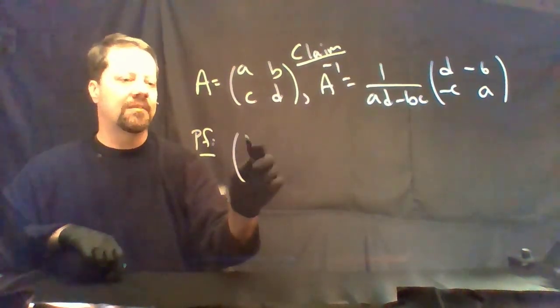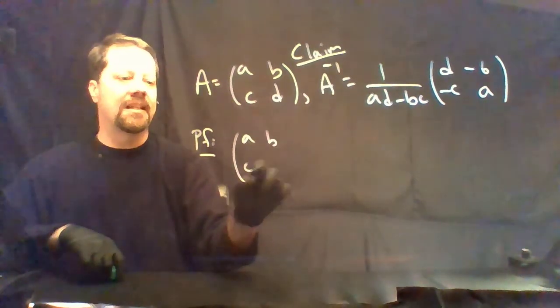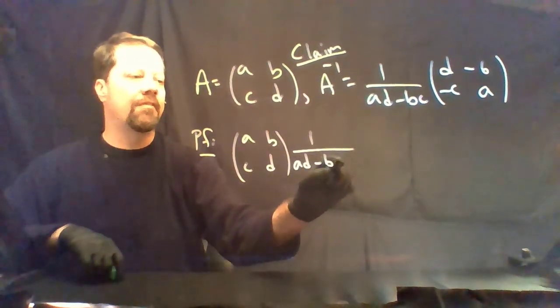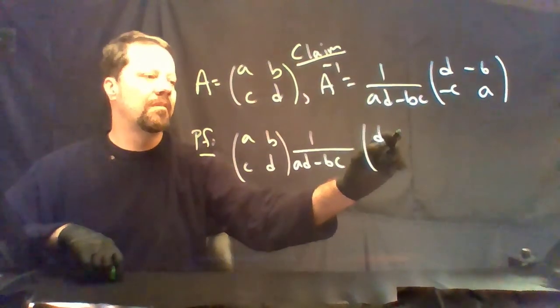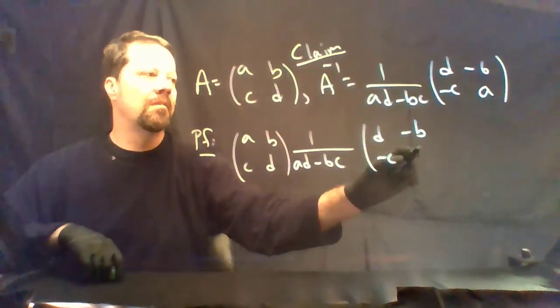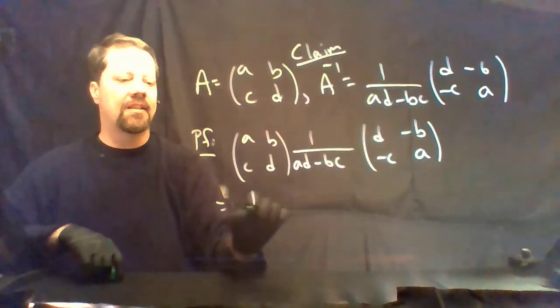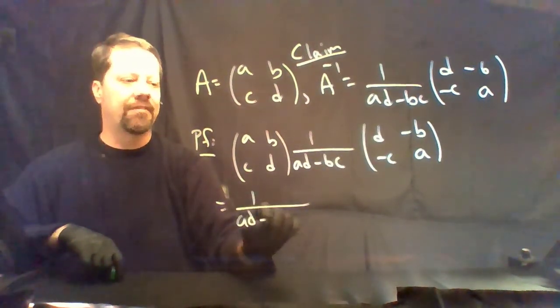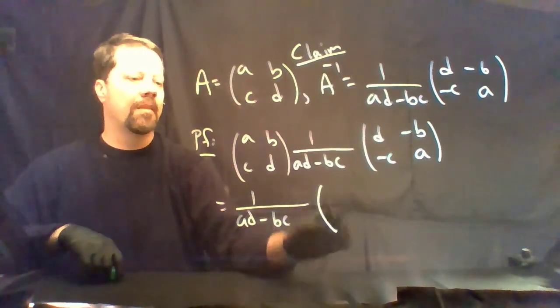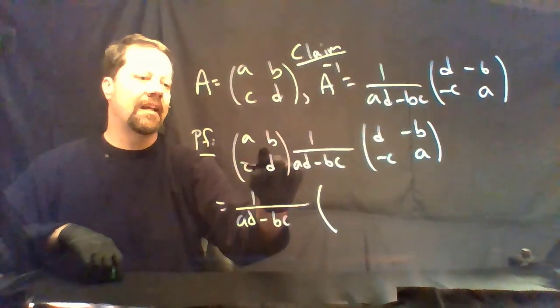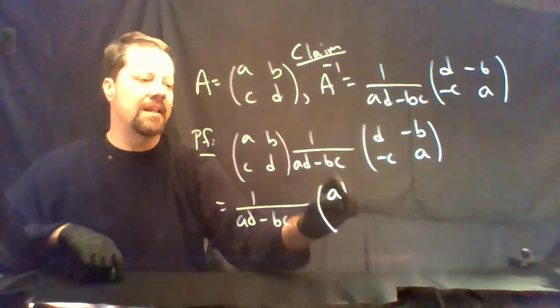We can take a, b, c, d and multiply it by this proposed inverse. This is a scalar, and scalars commute with everything, so we can just bring it out front. When we multiply, we'll have ad and then minus bc.